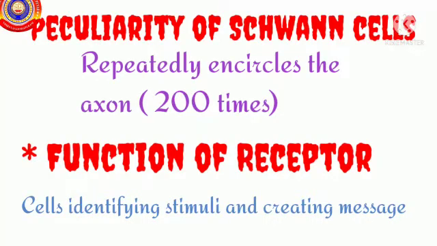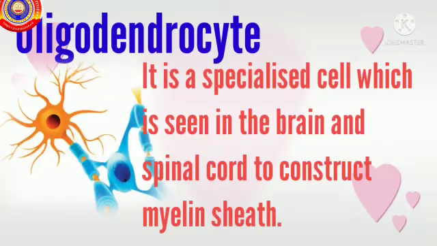The peculiarity of Schwann cells is that they repeatedly encircle the axon about 200 times. The function of the receptor is that the cells identify stimuli and create messages. Next is the oligodendrocyte.